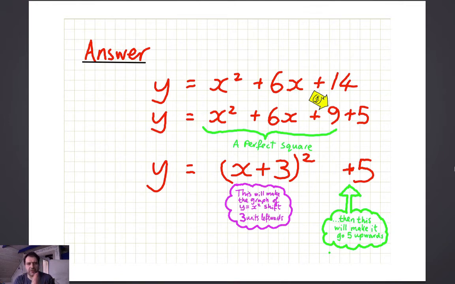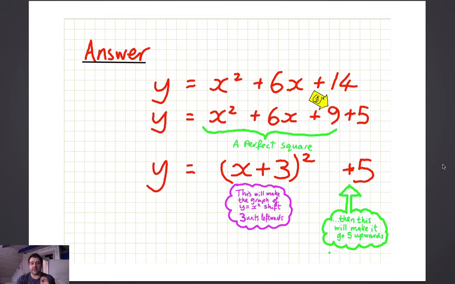So what's the advantage of that? Well, writing it this way, we know what the graph of y equals x squared looks like. We know that the graph of y equals (x plus 3) squared will just be a horizontal shift. So having the plus 3 before we square the x will shift the graph 3 units to the left.